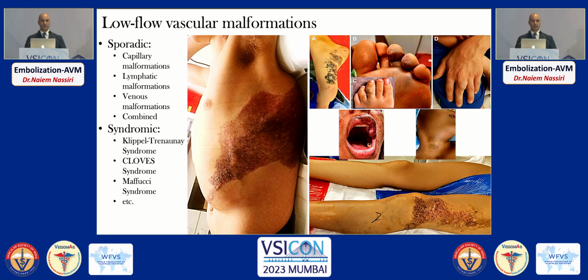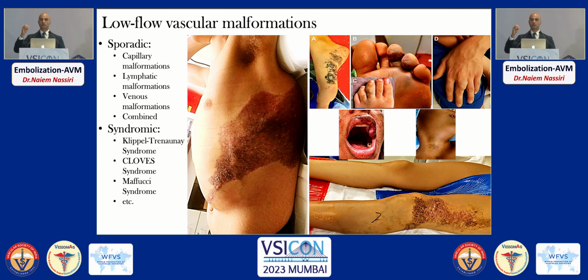Low flow malformations are your venous and lymphatic malformations. Remember that these can be either sporadic or syndromic. In other words, they can happen on their own, so someone can have an isolated capillary malformation, lymphatic malformation or venous malformation, or they can be combined. But remember that these are sporadic, or they can be part of a broader syndrome.